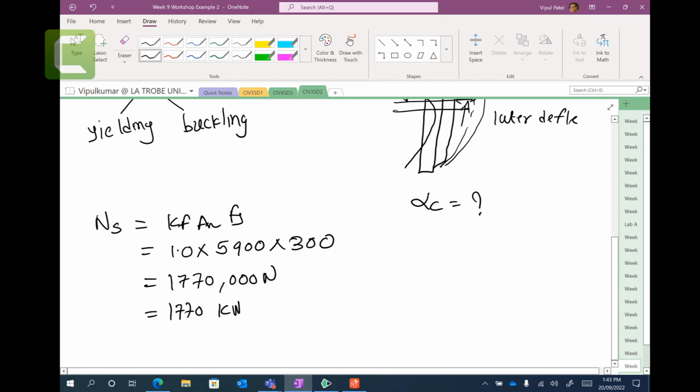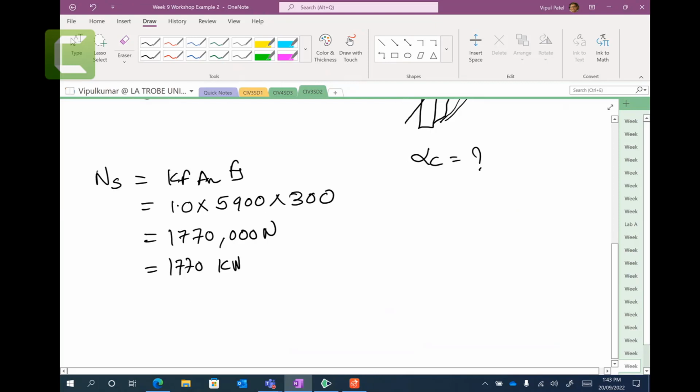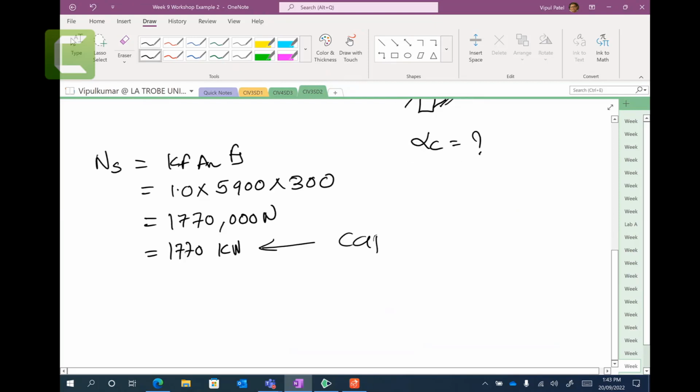So that is your section capacity, meaning the capacity of the short columns. But we don't know, we need to check both. In real design, we need to do the check for both.